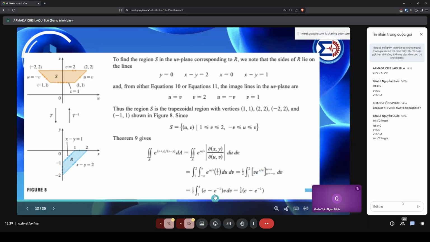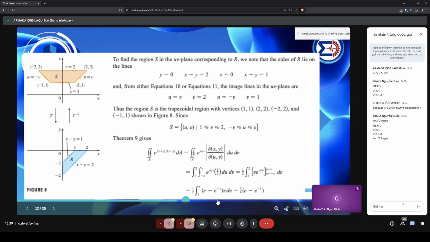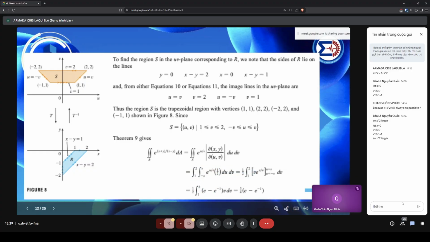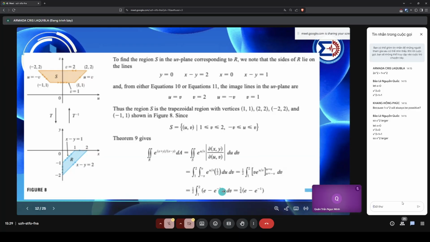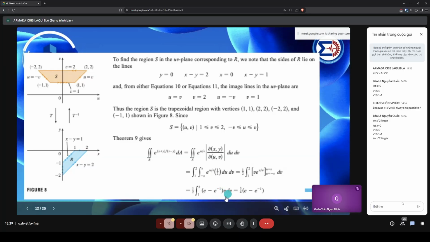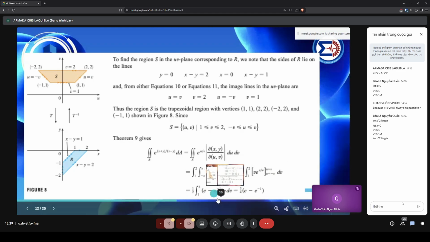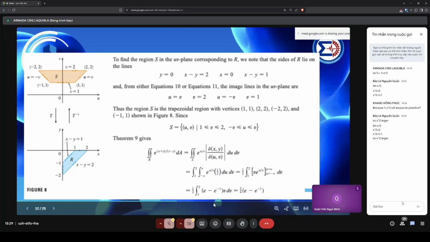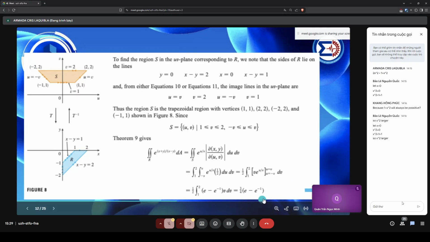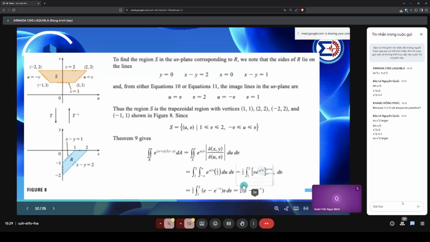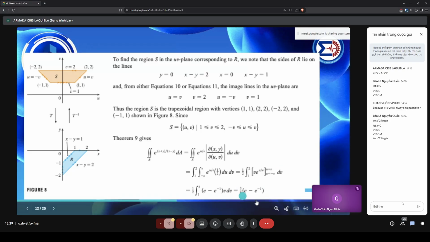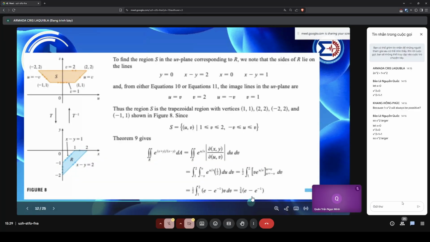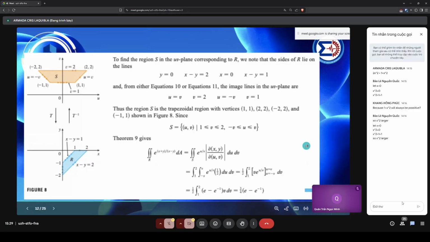Negative v over v is negative 1. So we have e minus e to the negative 1 times v dv, evaluated from 1 to 2. And then when you integrate this in dv, you have v squared over 2. Then integrate that from 1 to 2, and then you can solve this value. It's 3/4 e minus e to the negative 1. Okay? That will be the value.